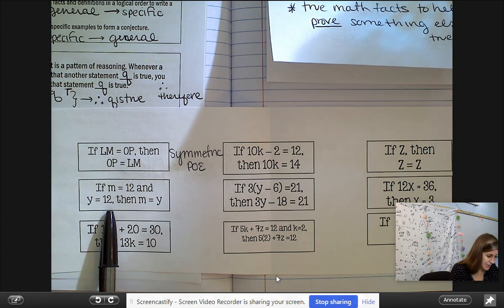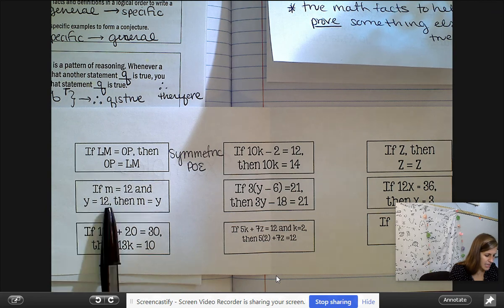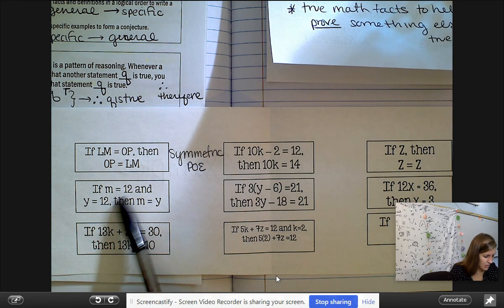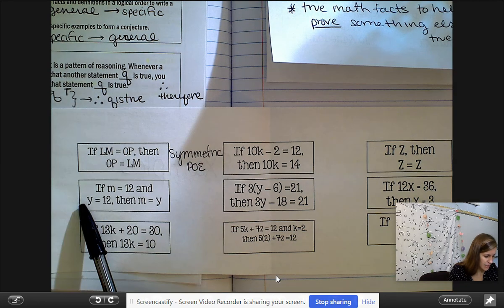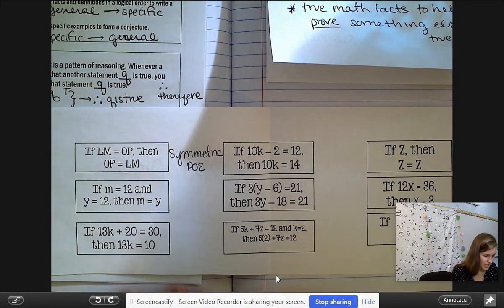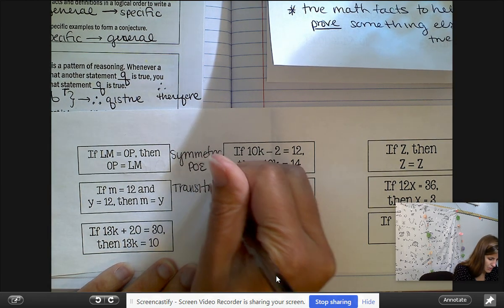So next, working our way down, if we know that M is equal to 12 and Y is equal to 12, then M is equal to Y. So that's kind of like that syllogism thing where I have two different things equal to the same thing. So therefore they're equal to each other. That is our transitive property.